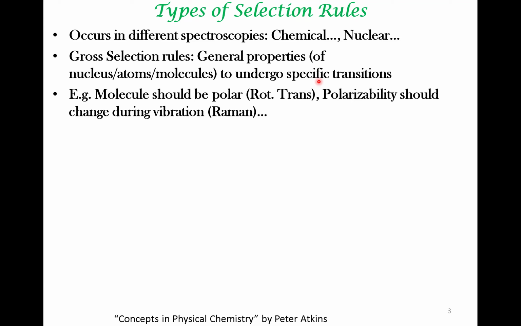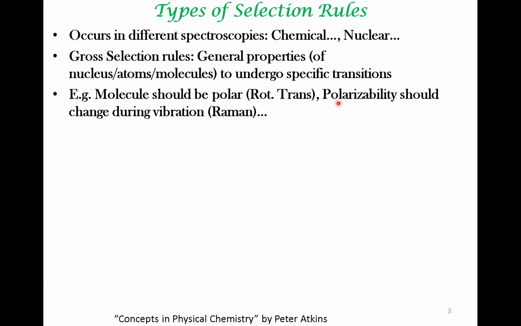For example, if you want to ask a question whether via taking up a photon would the rotational degrees of freedom change with the energy stored in the rotational degrees of freedom? What this specifies is the rotational transition, whether I can go from one rotational state to another rotational state.